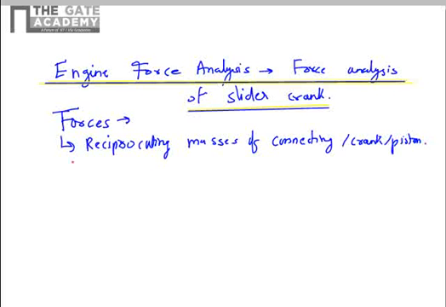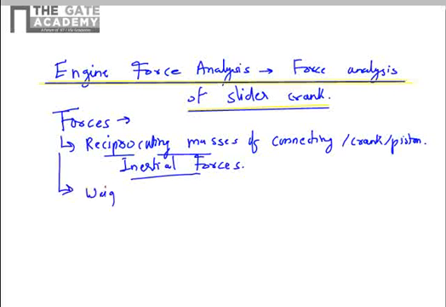So the reciprocating nature of the motion of this load leads to inertial forces, because the acceleration is continuously changing the velocity, requiring force to accelerate the component. So reciprocating masses lead to inertial forces.